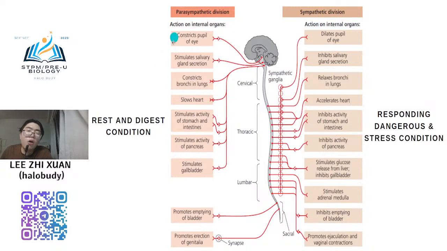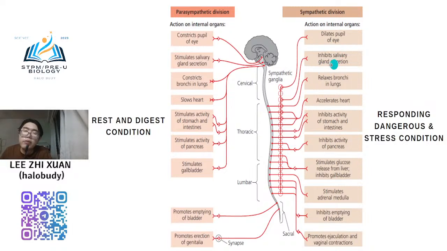So these are all the responses through the organs that we find in the human. Normally in sympathetic, you need to dilate your eye and then inhibit your salivary gland. You know that when you are very panicked, very stressed, in a very dangerous condition, or very nervous, your saliva is very low.